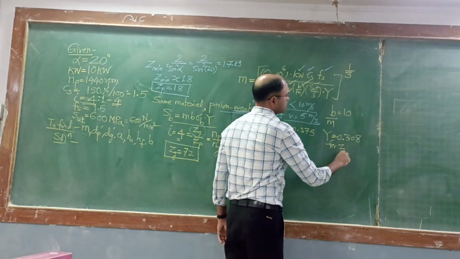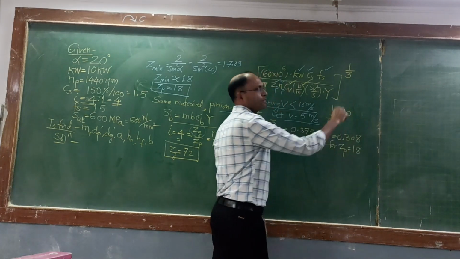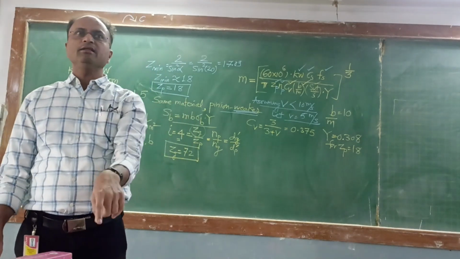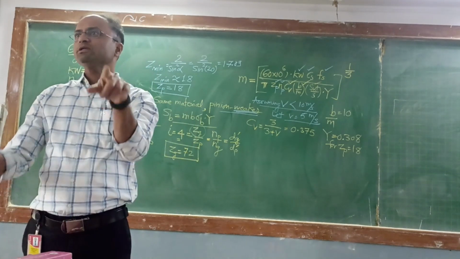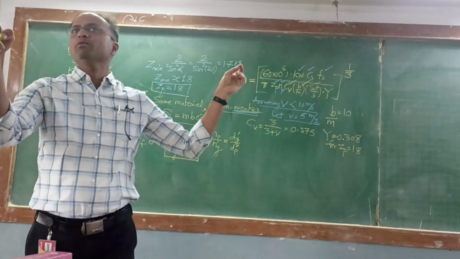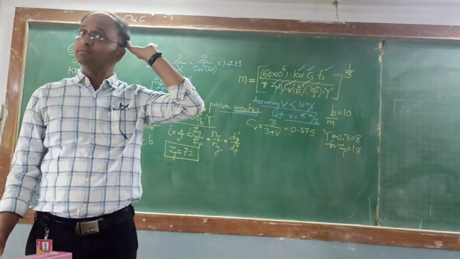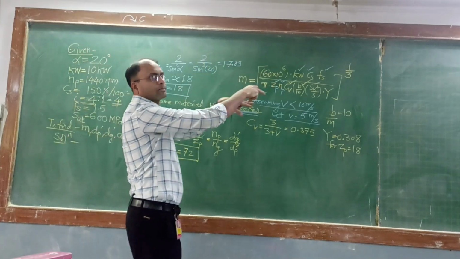For ZP is equal to 18. That table has number of teeth and values of Y. So you have to just check for 18 what is the value of Y, and that value you have to directly take from the table. Clear? Yes. So now you know all the values.